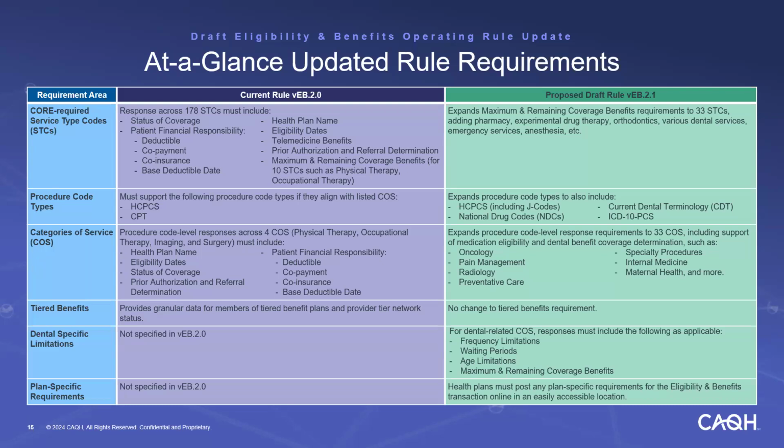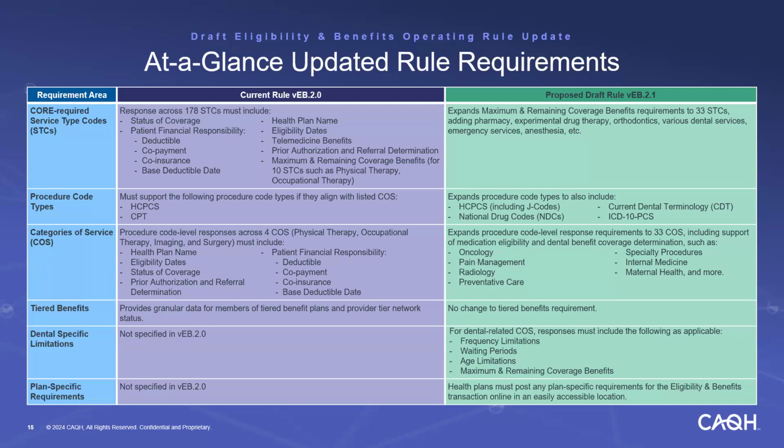All the things very similar to what you saw earlier: plan name, eligibility date, all the patient financial responsibility items. Another way of saying this is health plans already have to respond to some inquiries at the procedure code level with the core required benefit information. And for clarity's sake, PT, OT, imaging, and surgery are the categories of service for which procedure code levels are required.